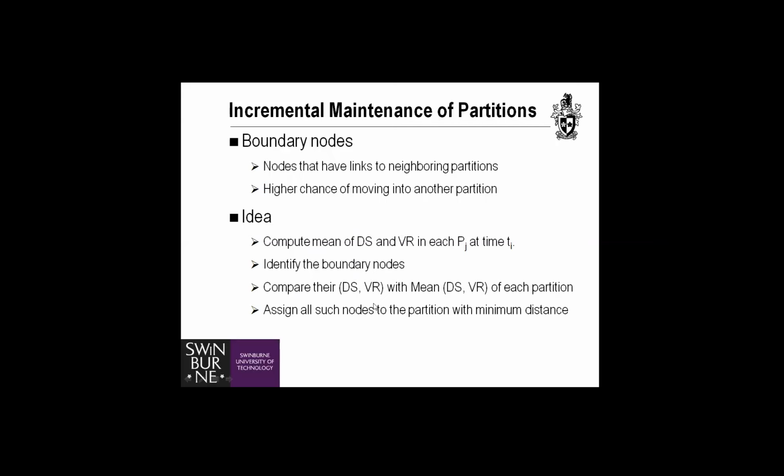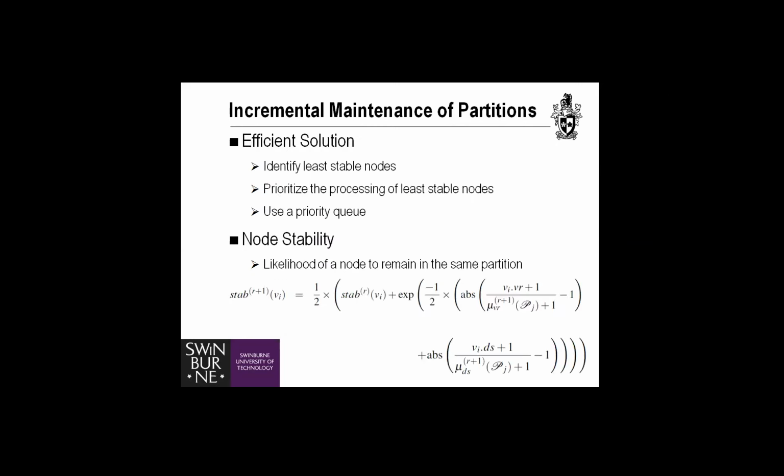Then assign these boundary nodes to the partition with which the node has a minimum distance. Now, this involves a lot of tasks to compare each node with each partition. To improve its efficiency, so that we can deal with the incremental update in real time, we develop an efficient solution.